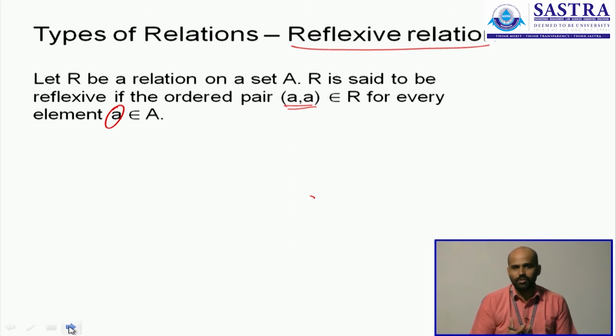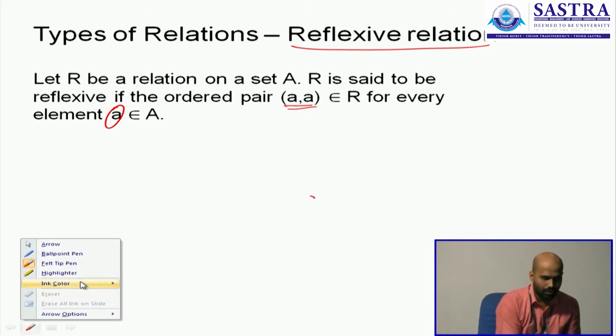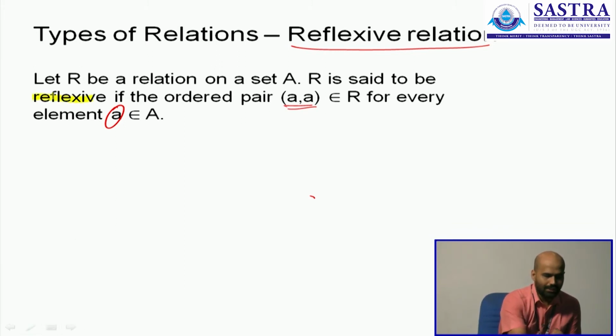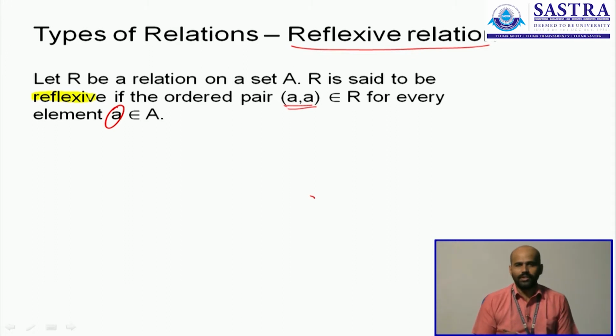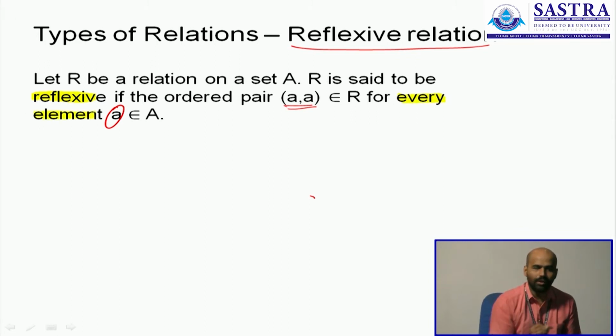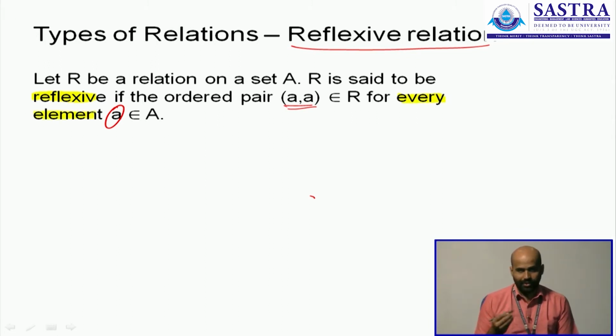If such an observation is possible, then the relation gets the status of a reflexive relation. Remember, this should happen for every element. Even if one element is excluded, it's no longer reflexive.